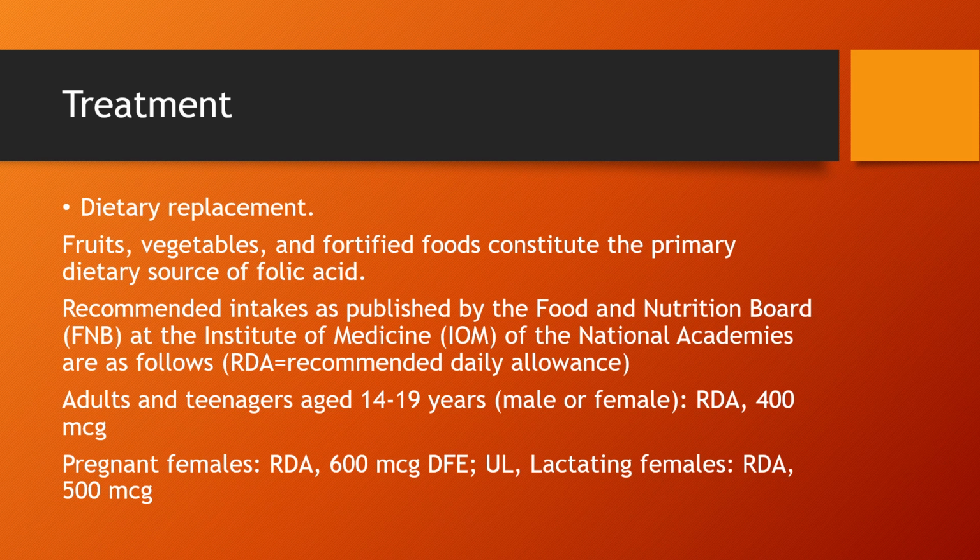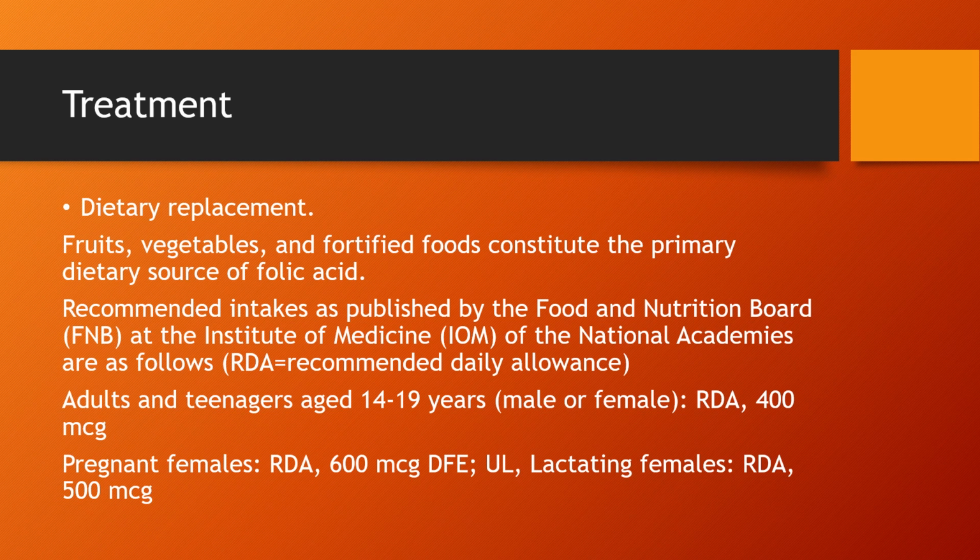So now let's review the treatment. Basically, the treatment for folic acid deficiency is replacing folic acid. We could do it through dietary replacement. Fruits, vegetables, and fortified foods constitute the primary dietary source for folic acid. The recommended intake as published by the Food and Nutrition Board at the Institute of Medicine at the National Academies is as follows.